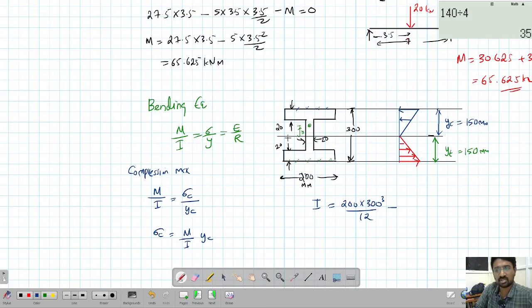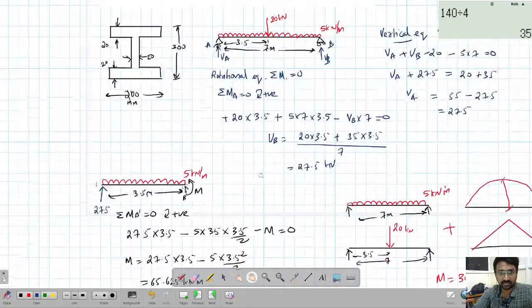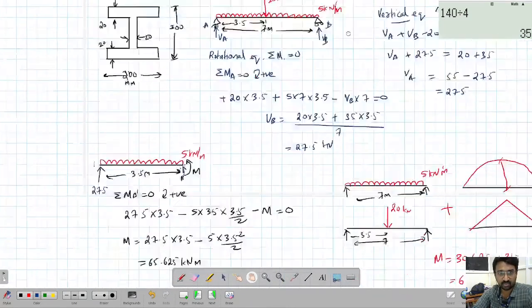Since the cut portions are symmetric about this axis, we can join them and write it. What is this distance? This is 200, 200 minus 20 is 180. Then 180 into, this is 300, 300 minus 20 minus 20, 300 minus 40 is 160, 160 cube by 12. This is how you find the moment of inertia of a symmetrical I section. If the I section is symmetric, then we can use this formula.